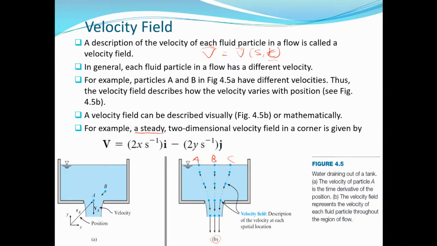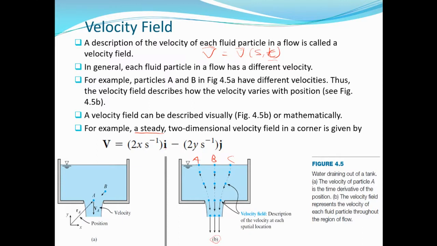Time doesn't affect the flow velocity, meaning at any instant of time, the velocity is the same. When you fix a position and examine the velocity passing through that position, the velocity doesn't change. So that's why in this velocity field you have 2x i - 2y j.